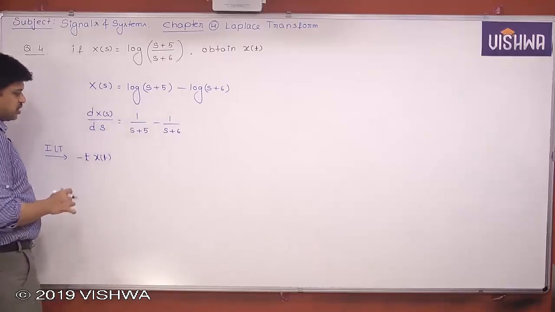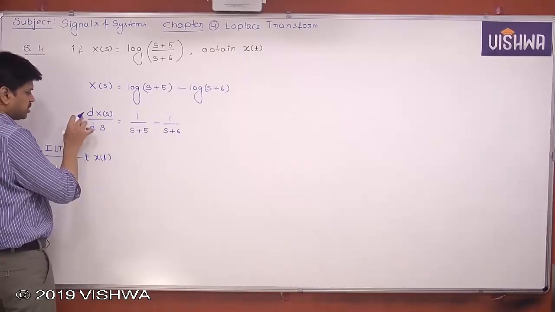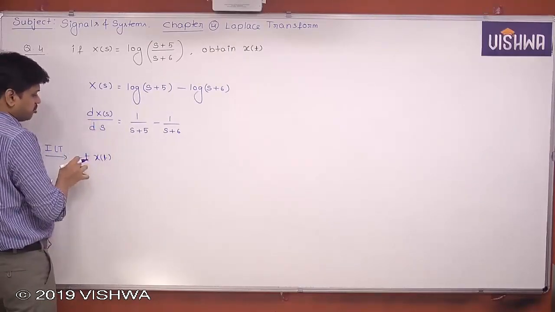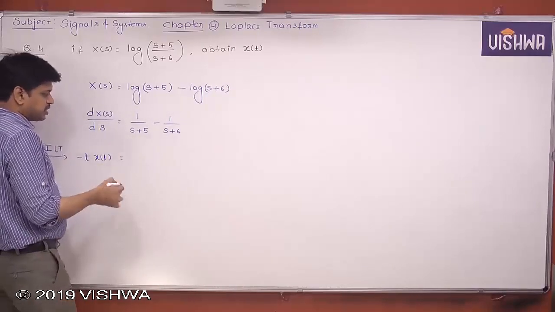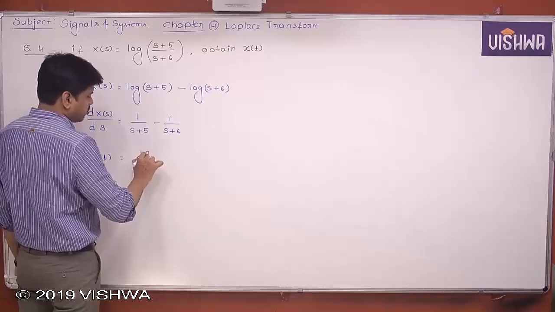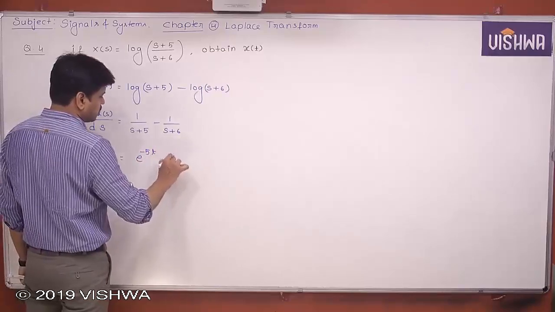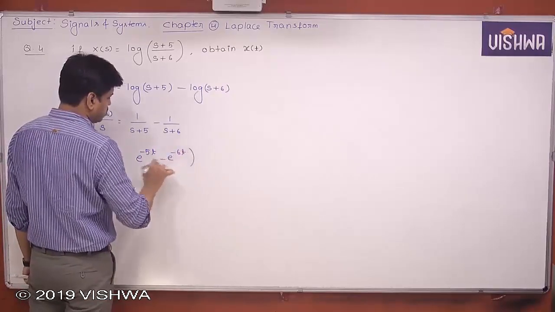So if it is t x of t, it has to be minus there, but it is not minus there, so we have to keep minus here. If nothing is mentioned, then we can write right-sided signal e power minus 5t minus e power minus 6t u of t.